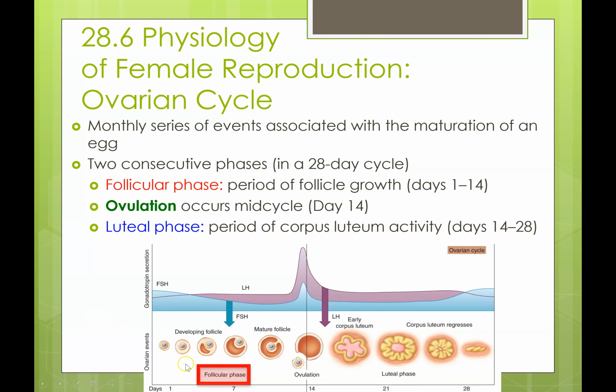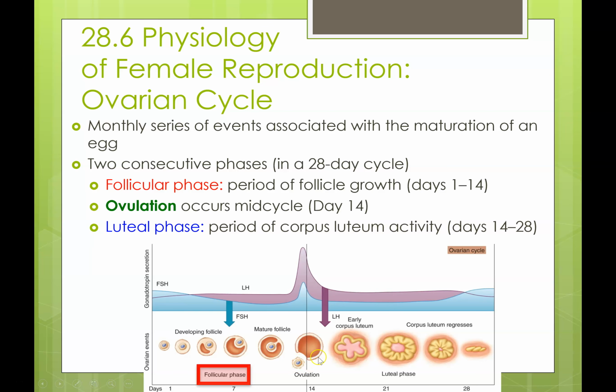So during the follicular phase, we are going to see those follicles developing. So we started from the primordial follicle to a primary follicle to secondary follicle to our Graafian or mature follicle. At that point, at day 14, we are going to have ovulation take place where that egg is ejected.